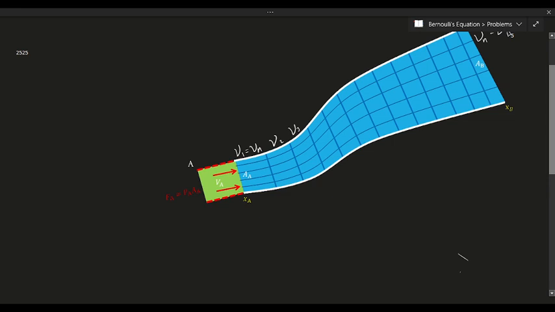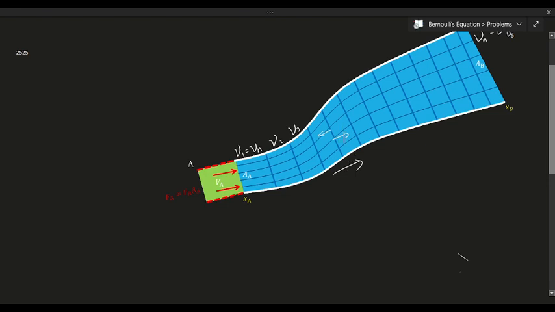The one liquid element moves in the direction of the force while the other liquid element moves in the opposite direction of the internal force. And we know about this well because all the liquid elements are moving in the one direction. So for example, here we take these two liquid elements. This liquid element exerts a force in this direction onto the second liquid element, and the second liquid element exerts a force in the opposite direction, while the two elements are both moving in the same direction, which is towards the right.